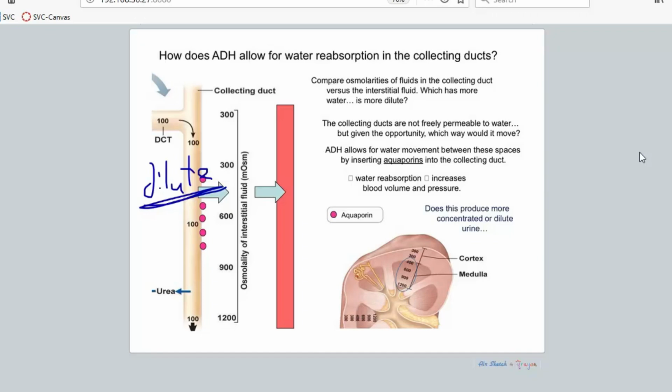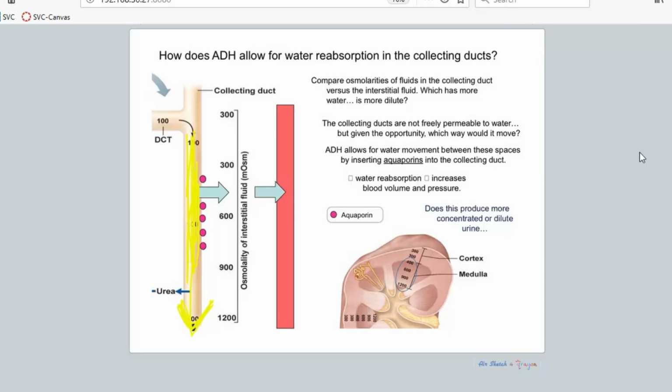And so when urine is traveling down the collecting duct, this is super dilute urine. And if anti-diuretic hormone is not released, then that super dilute urine is going to be eliminated from the body as large volumes of dilute urine.